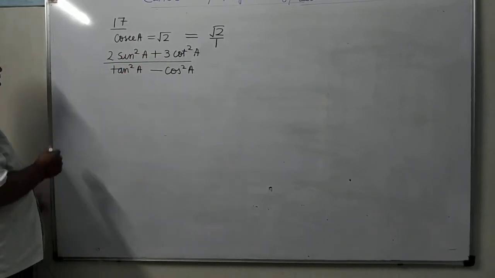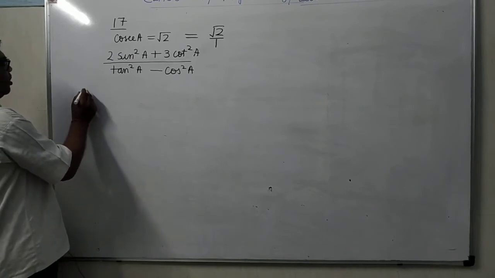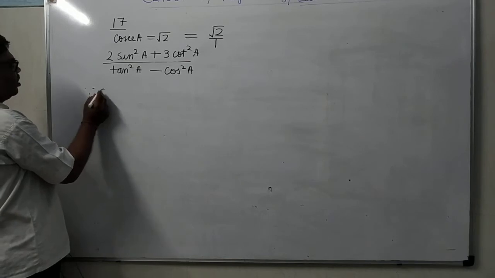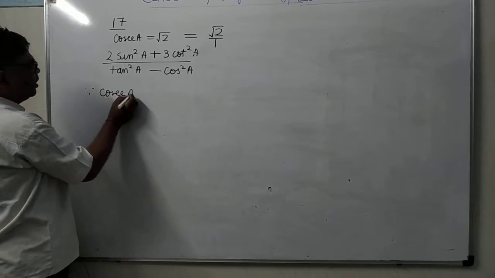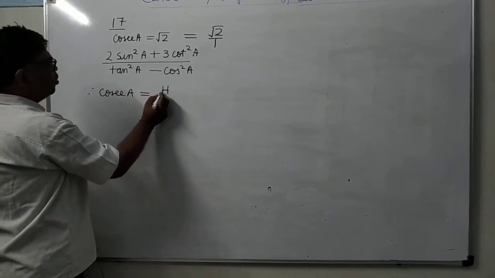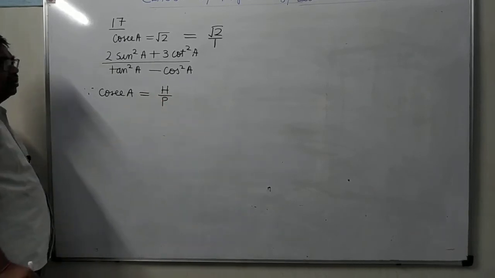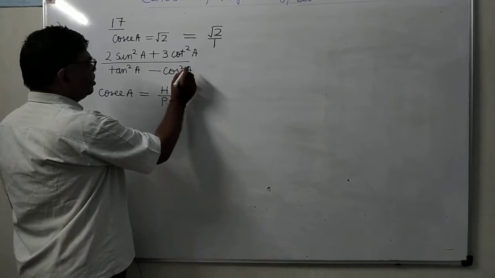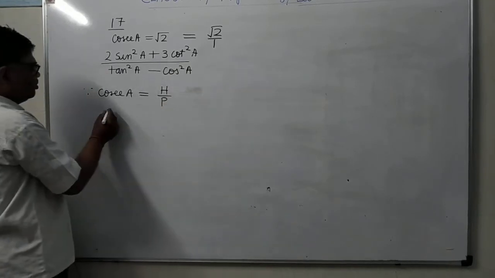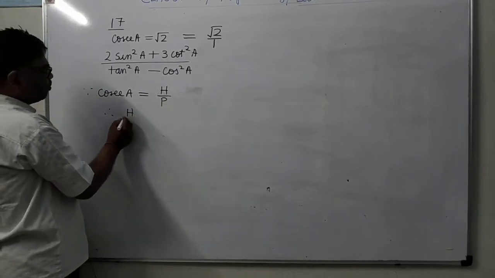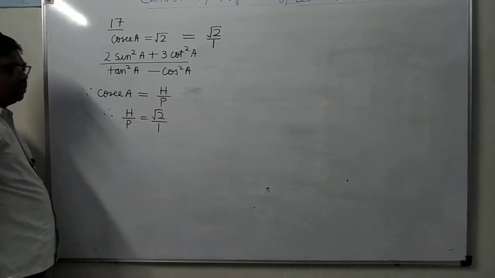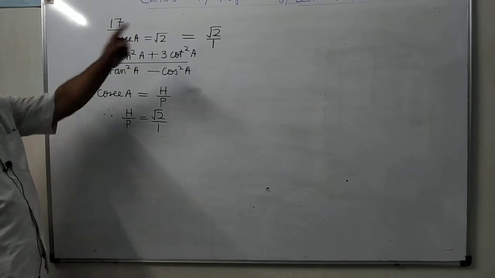So see here, we will start from cosec A because it is given. Since cosec A equals hypotenuse upon perpendicular, and this is given, therefore hypotenuse upon perpendicular equals root 2 upon 1, because in the question it is given root 2.